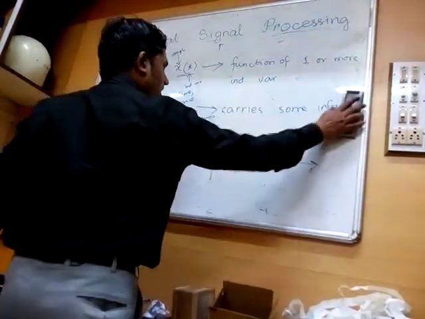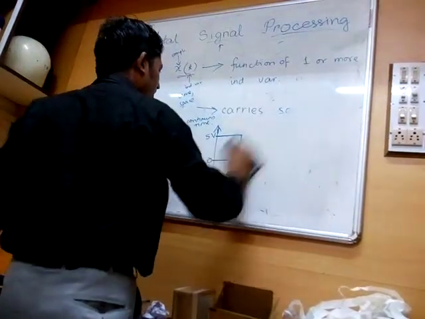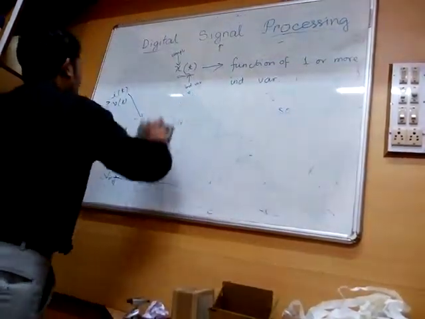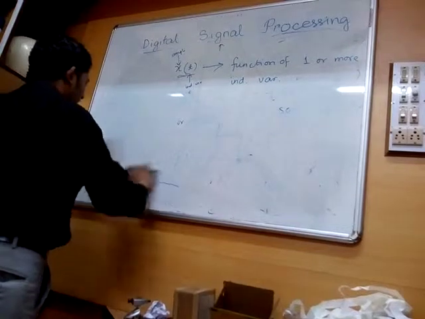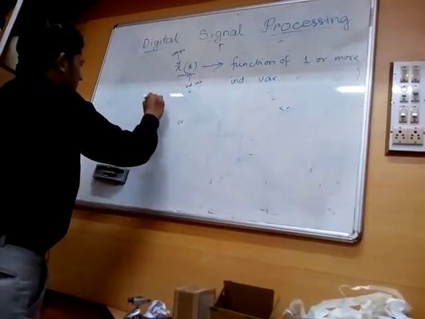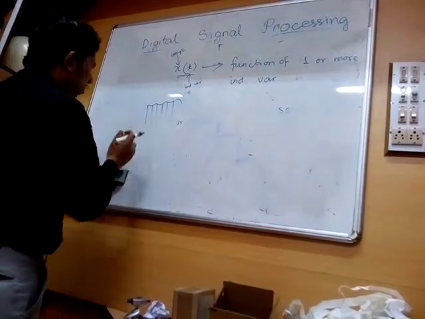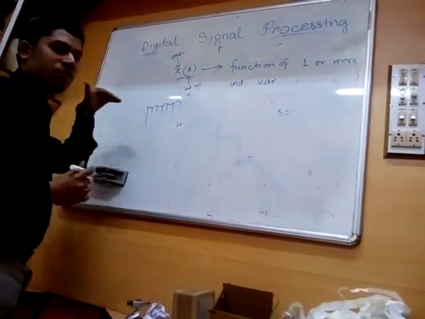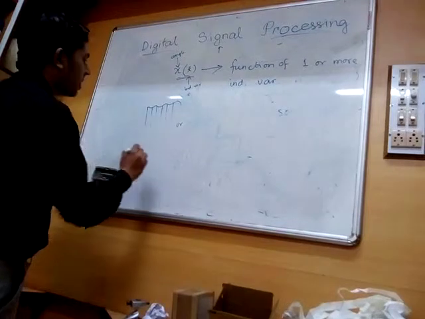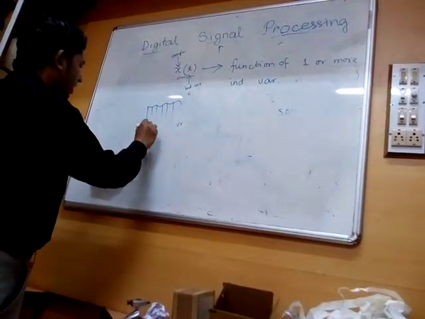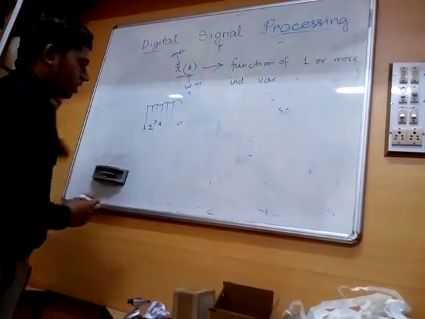Now let's refresh the concepts of digital signal and discrete time signal. When we sample an analog signal, no more is the signal a function of time, it becomes a function of samples. This is the first sample, second sample, third sample, fourth sample, and so on.